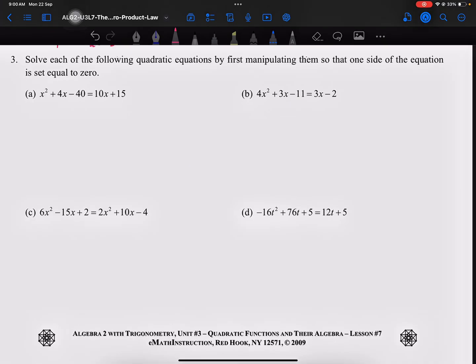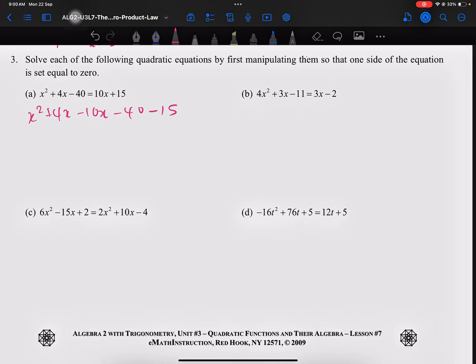So we need to know that our goal is to find the values of x that make the equation equal 0. So first step, move all terms to one side, make it equal 0. We combine like terms, factor GCF, and then use zero product, and then put the answer in braces. So for this one, we move the right side to the left side. So we have x squared plus 4x minus 10x minus 40 minus 50.